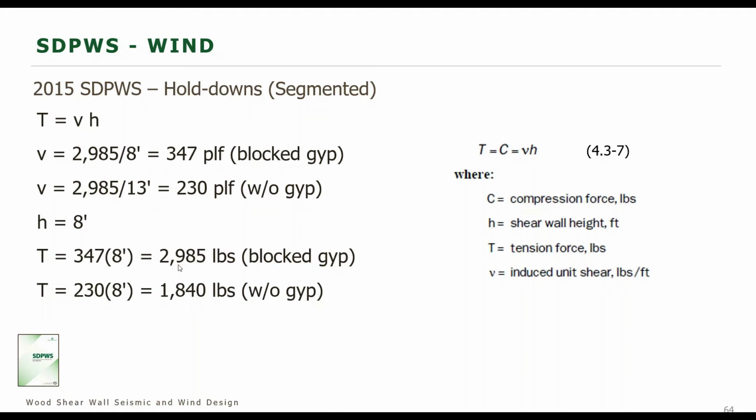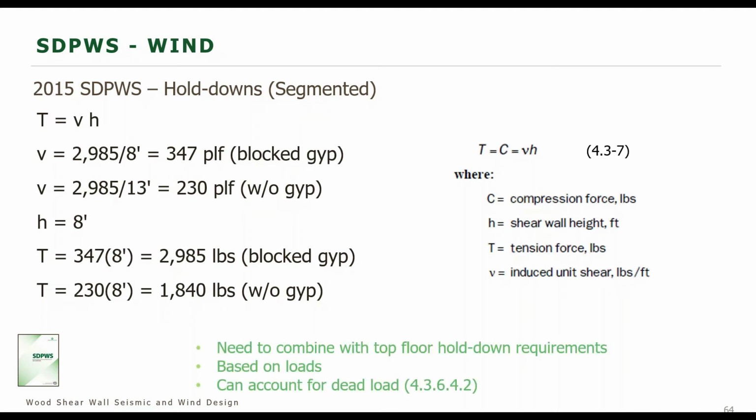So our shear wall hold down capacity is required to be 2,985 pounds. Running the same calculation on the shear wall without the gypsum, we see 1,840. So those are substantially lower than the capacities that we have calculated with the wood frame construction manual. That's because these are based on the induced unit shear, on the actual load, not the wall capacity.